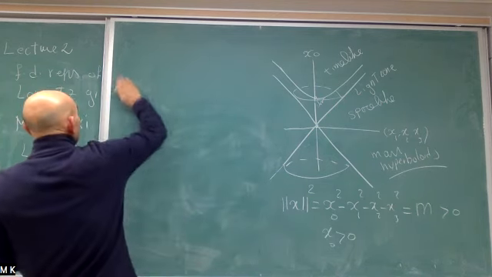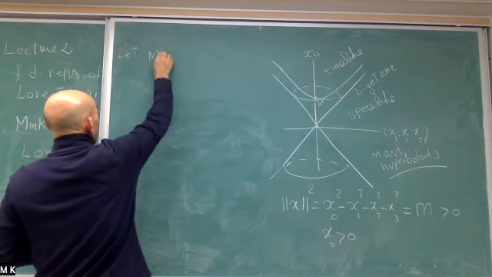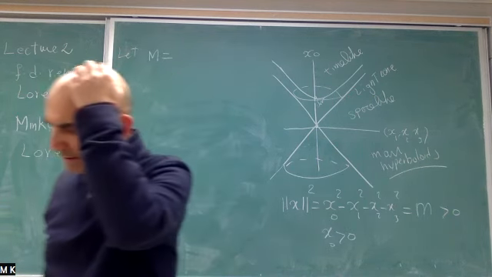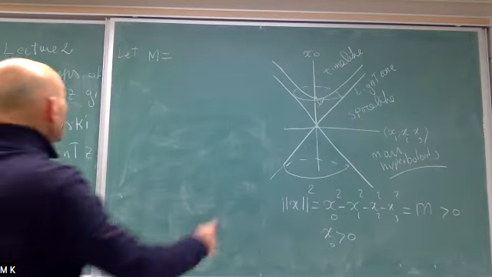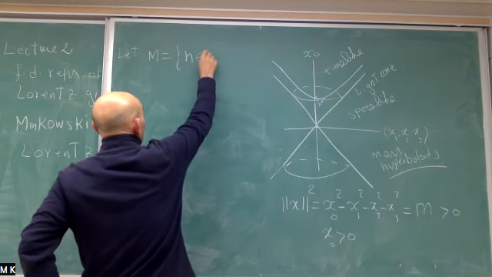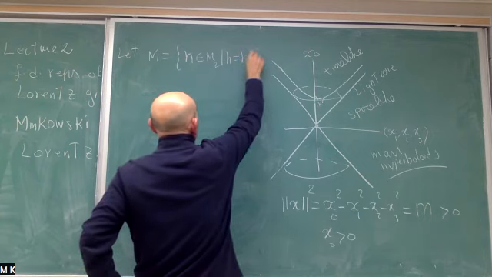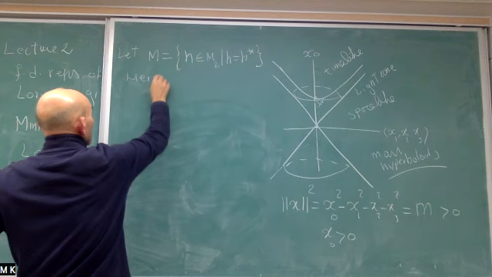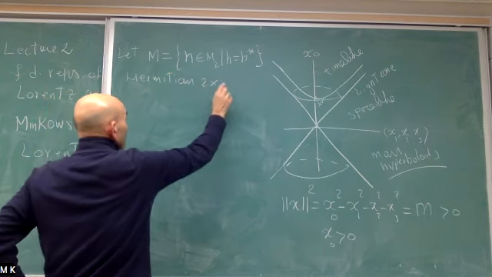Let M be the space of Hermitian 2 by 2 matrices. This is the set of all H belonging to M2(C) such that H is equal to H star. So, Hermitian 2 by 2 matrices.